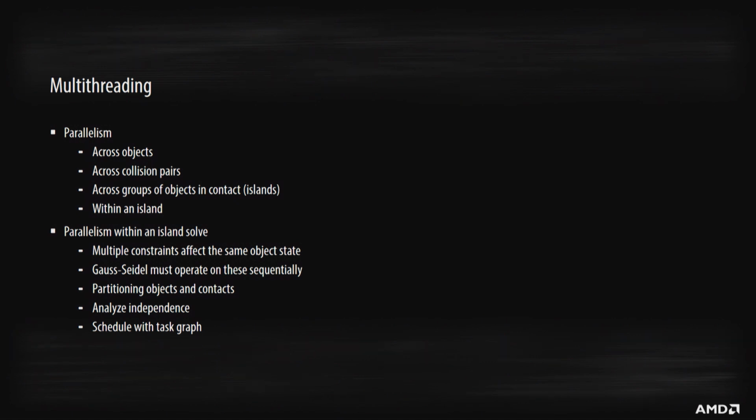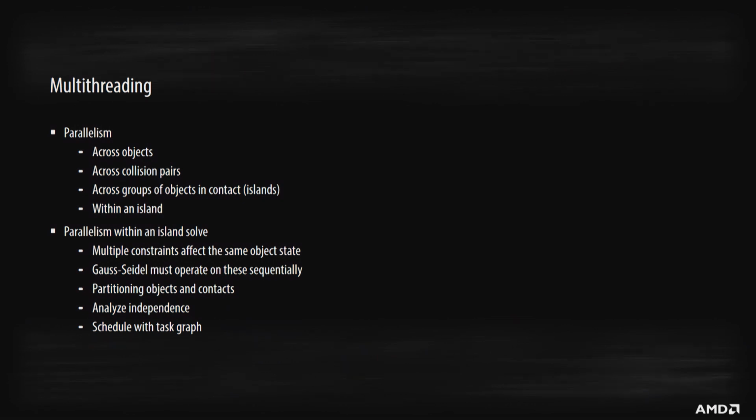And for the constraint solver, there's independence between groups of objects that are in contact or have constraints, and each one of those, which is usually called an island, is independent and can be simulated at the same time as another island.